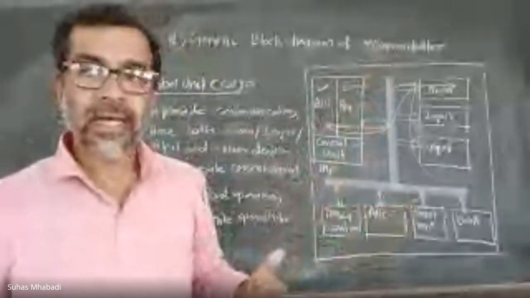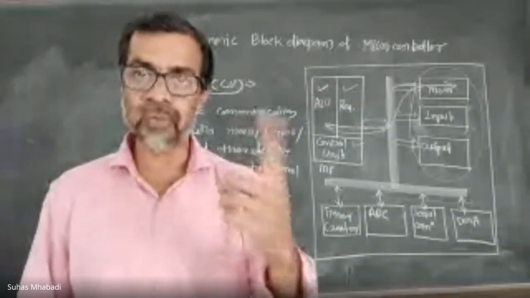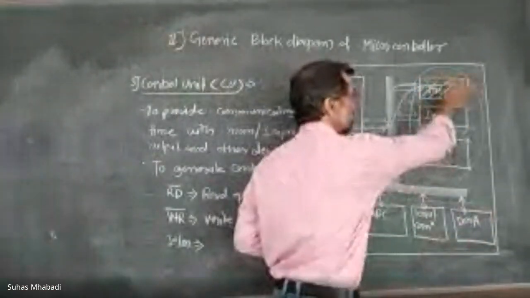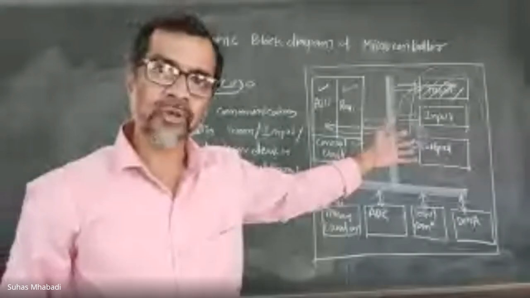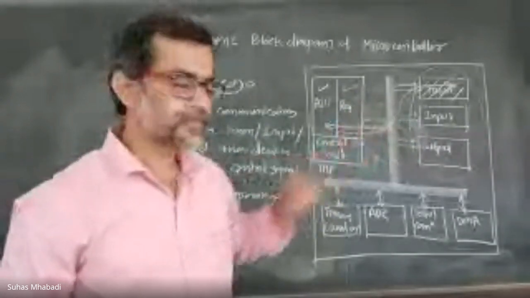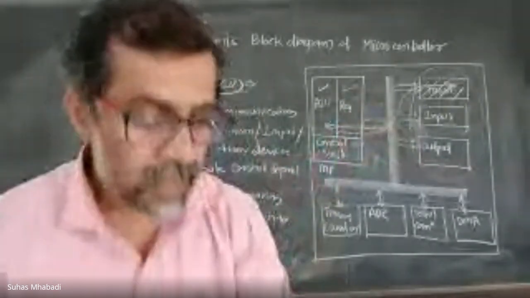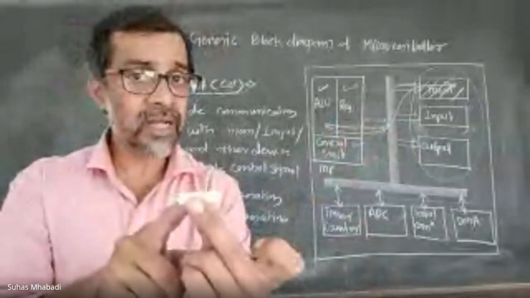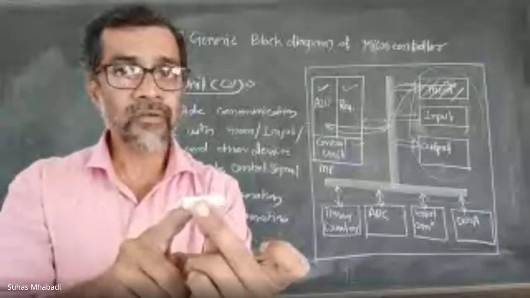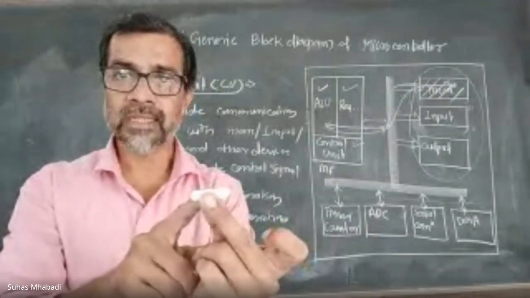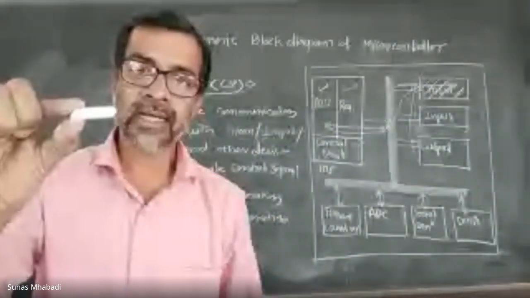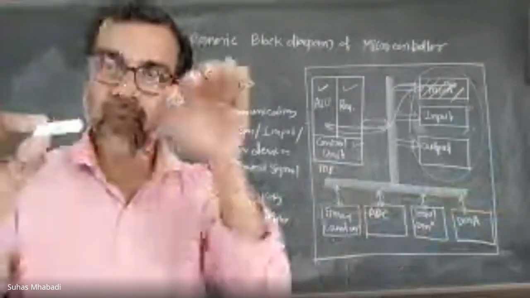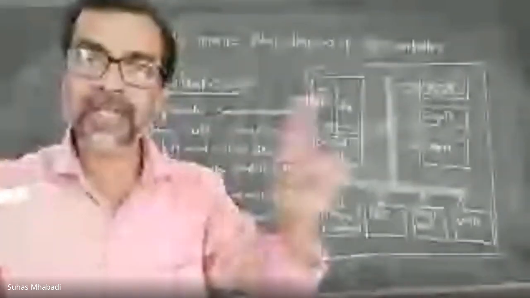I mean to say that at one time communication happens with only one device. So when we are communicating with the memory, the I/O is not communicated by the processor. So this is a control signal which specifies whether we are going for communication with memory or with an I/O device. Simple. If the line is high, we are communicating with I/O devices, input or output. And when the line goes low, we are communicating with memory.